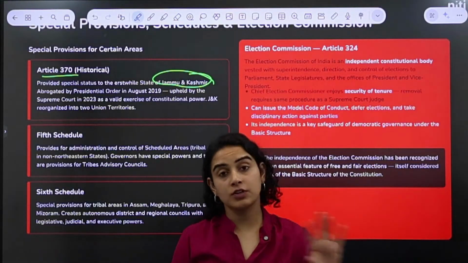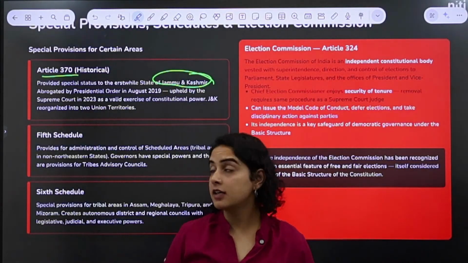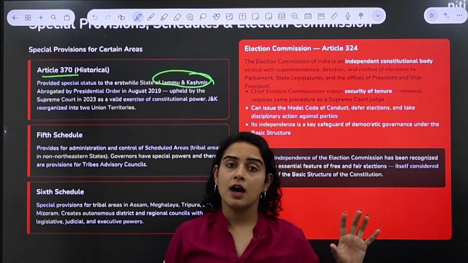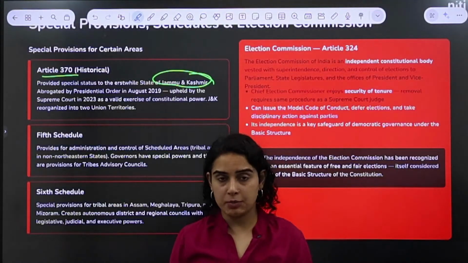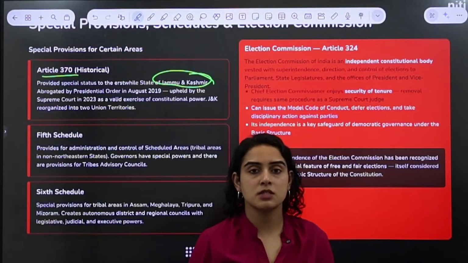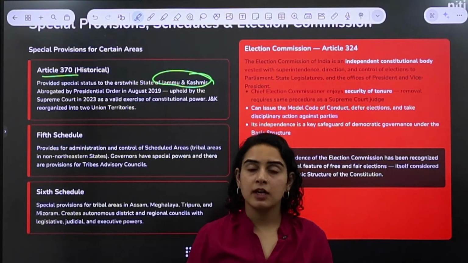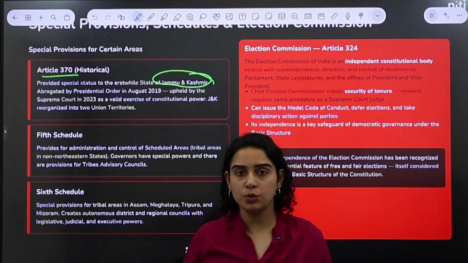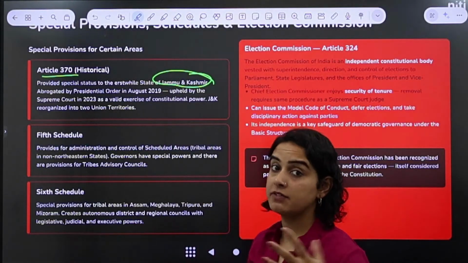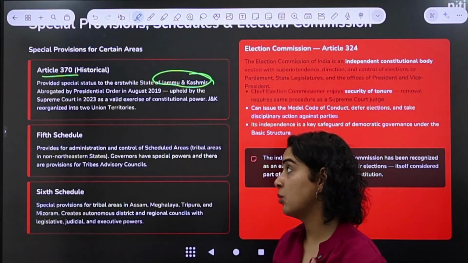And in 2019, this article was abrogated, and Jammu and Kashmir was made a UT, and Ladakh was made a separate Union Territory. Ever since then, Article 370 doesn't work anymore for them.